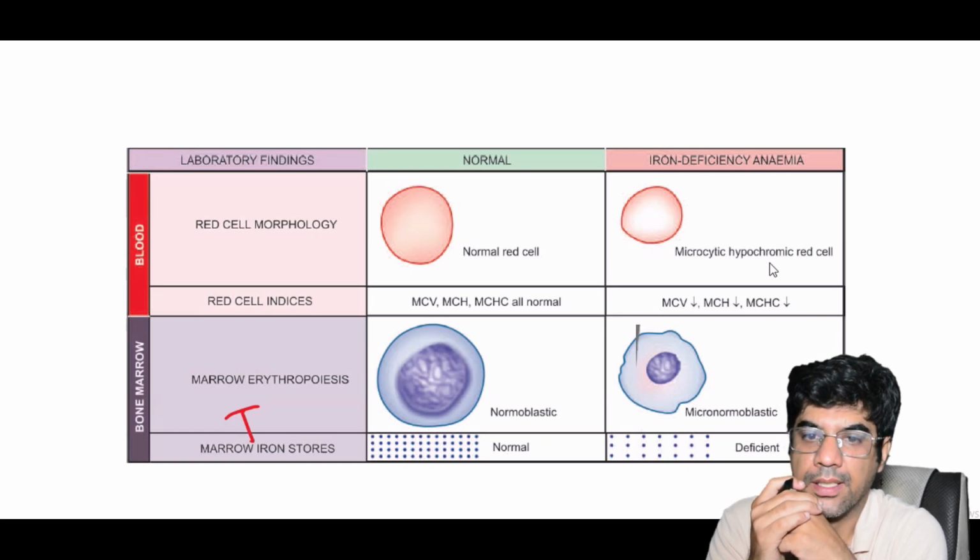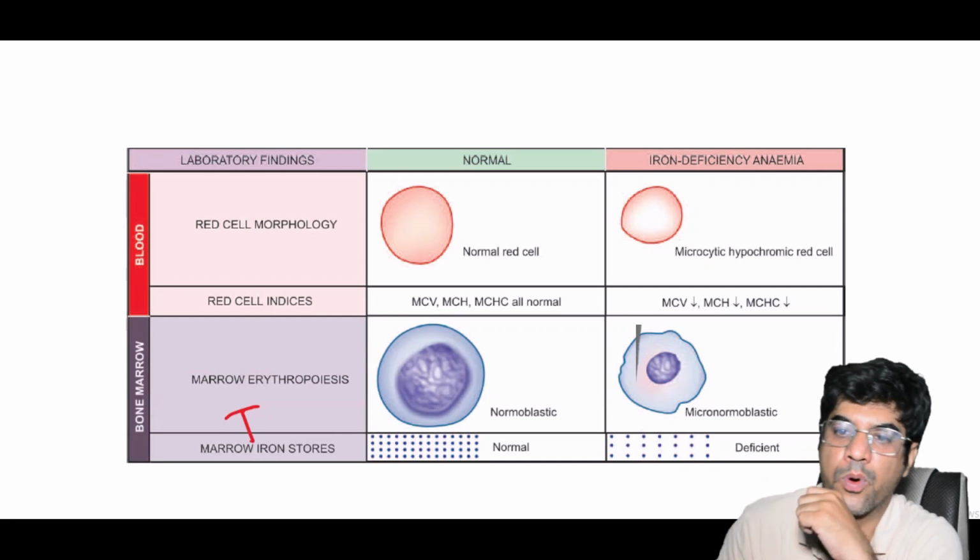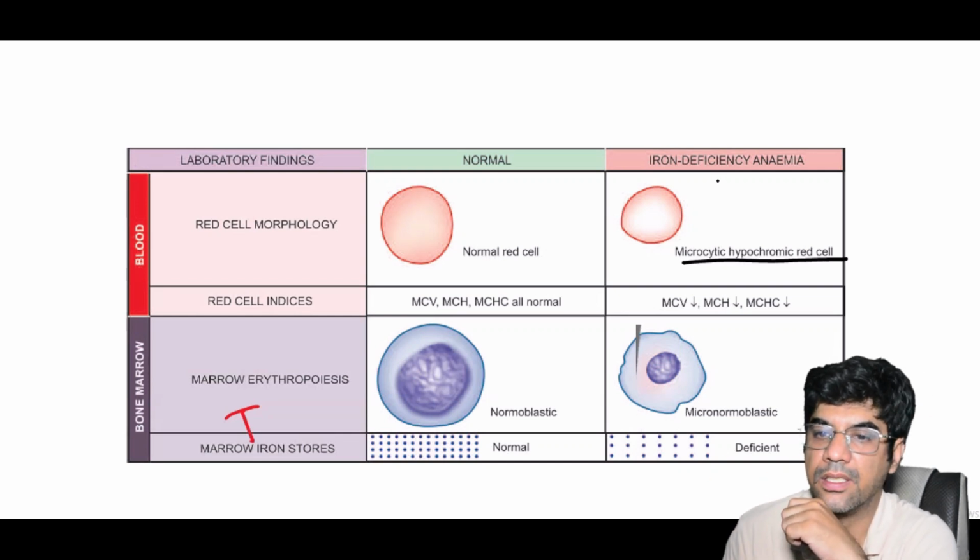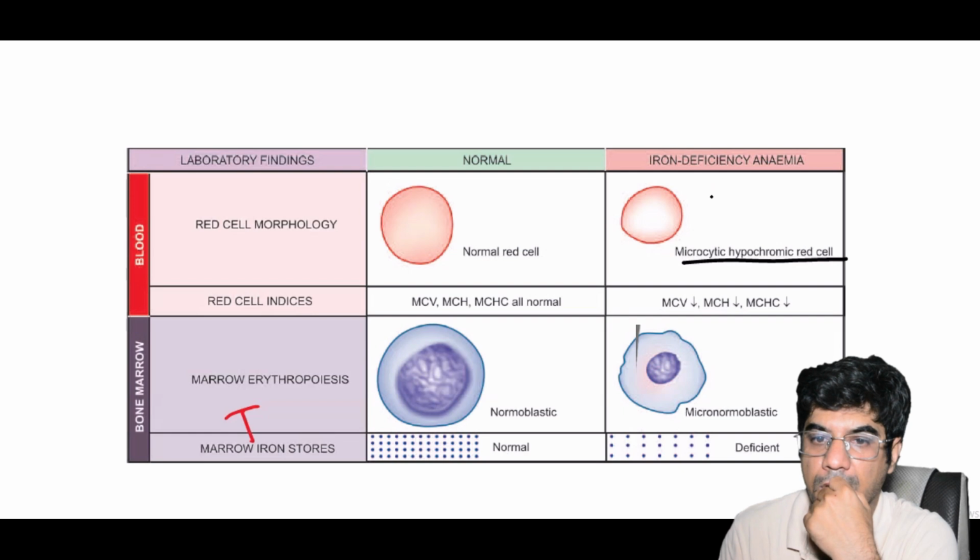The red cells in the blood film are hypochromic and microcytic, and there is anisocytosis and poikilocytosis.